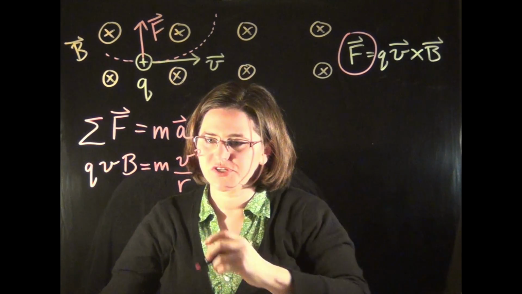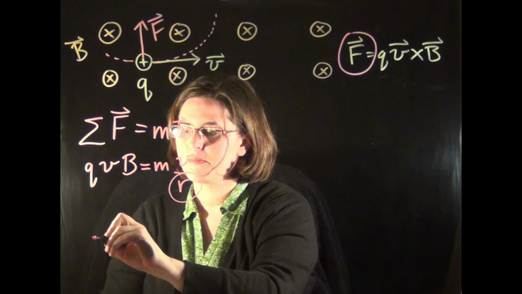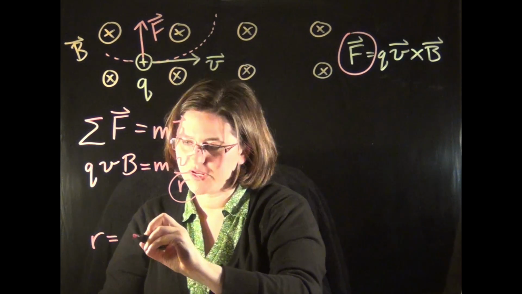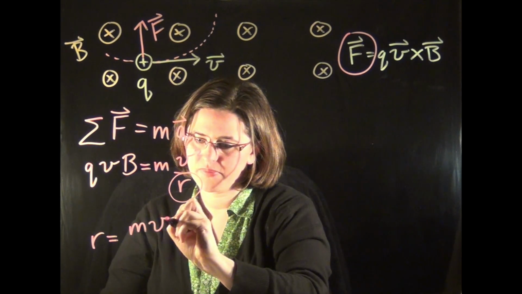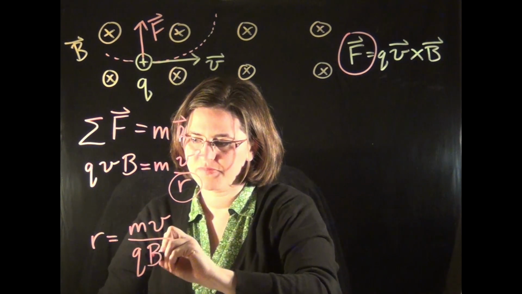So I could solve this equation for the radius of the motion, and you would get R equals mv over qB.